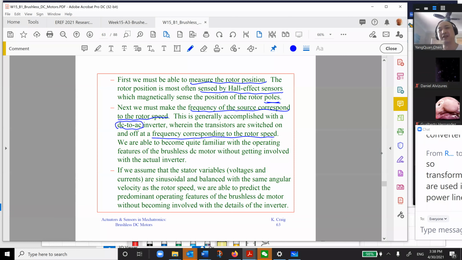Today it was very hard, but today this is already mature and encapsulated into a small chip. It's called ESC. And we assume that we have the sinusoid balanced with the same angular velocity as the rotor speed. So you can predict the predominant operating features of the brushless DC motor without involving details of those inverters, okay?